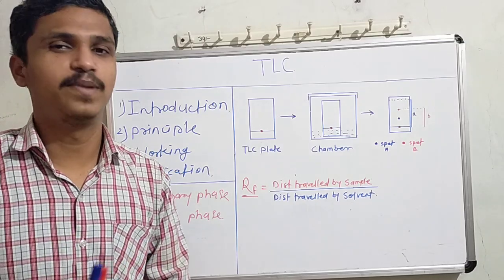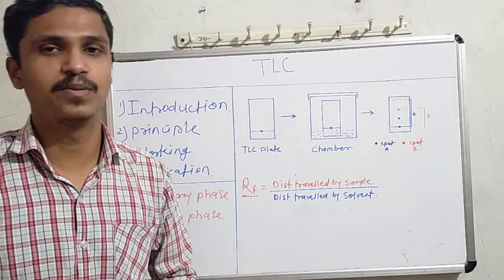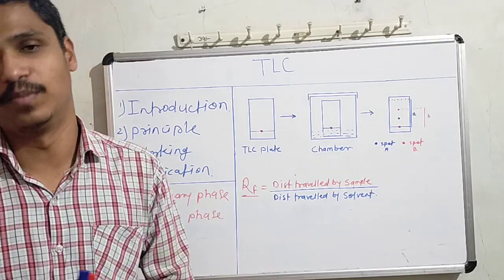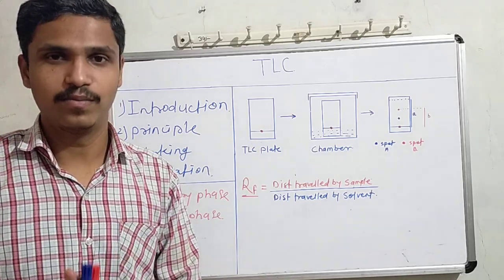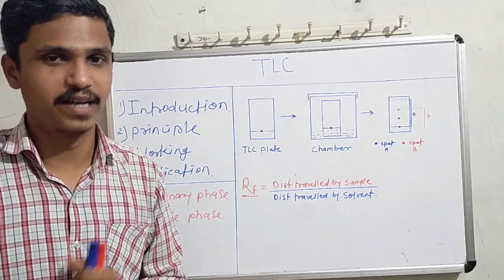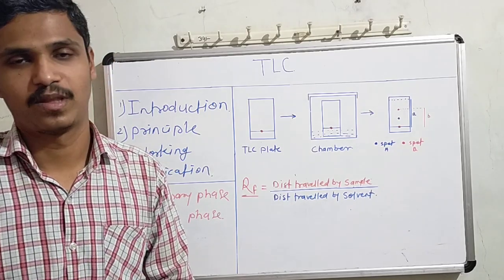So how are these TLC plates prepared? What components are necessary for the preparation of a TLC plate? Basically, TLC plates are available ready-made in the market, but the cost of these plates is very high, so TLC plates are also prepared in the laboratory.